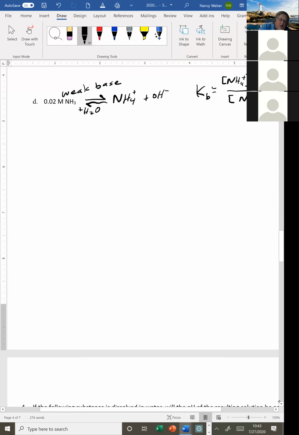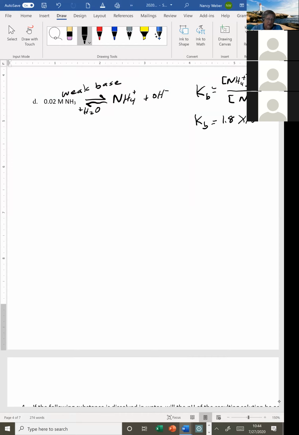So you have to look that up, and Kb is going to equal 1.8 times 10 to the minus 5. The danger, if you just Google it and get somebody's problem, is that if they've made a mistake on their Kb or it's done at a different temperature and you don't see that, then your answer is going to be wrong. So I really suggest going to a table.